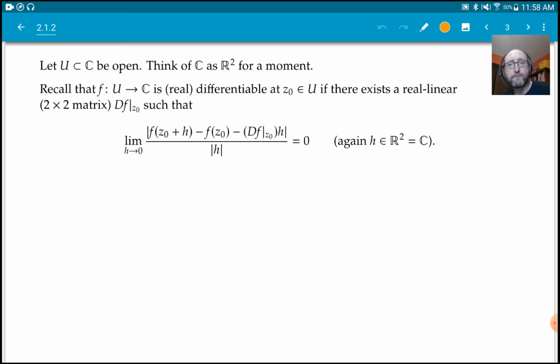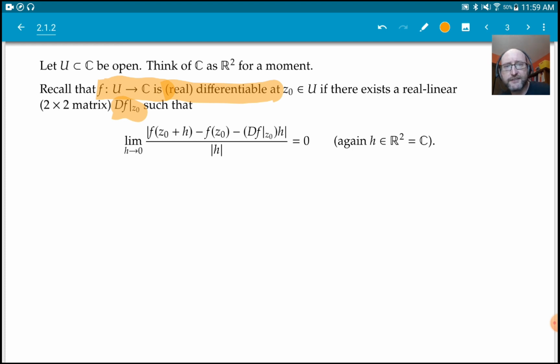So as a real function, really thinking of a function from U in R2 into R2, that is differentiable in the real sense, in the standard calculus sense, if there exists a real linear operator, a 2 by 2 real matrix, df, that's how we're going to call it, at z naught, right?